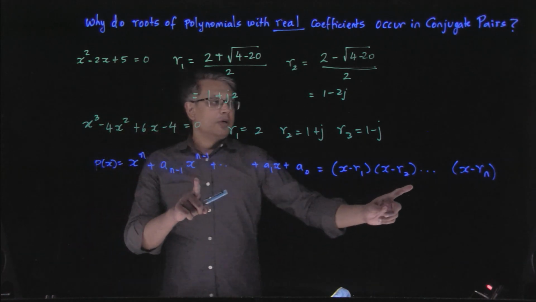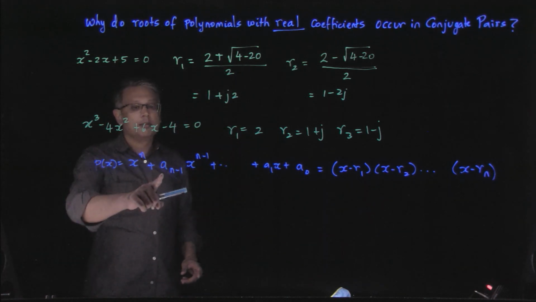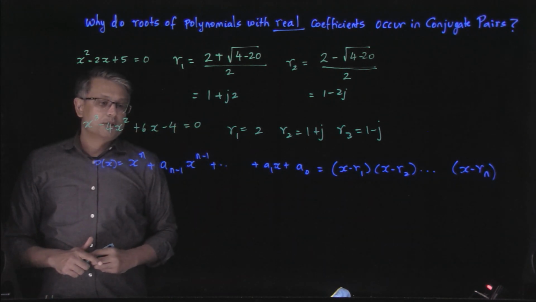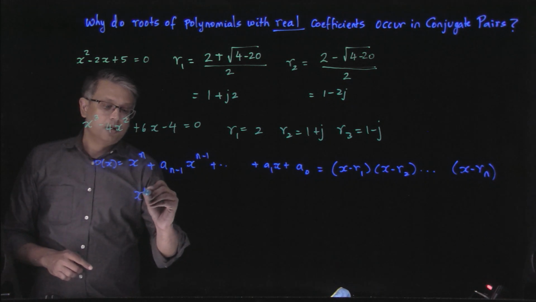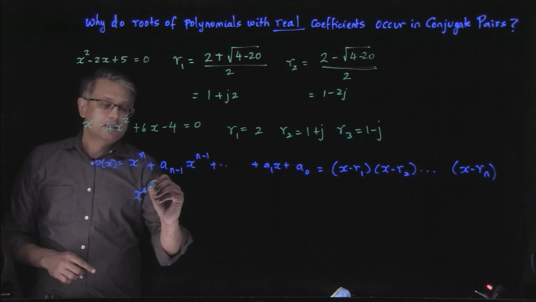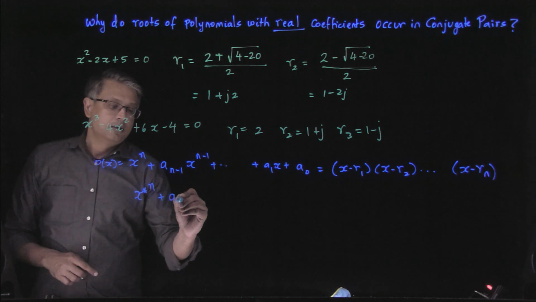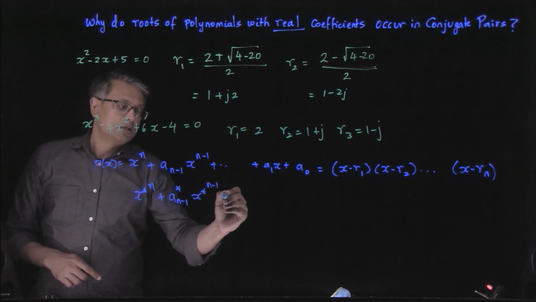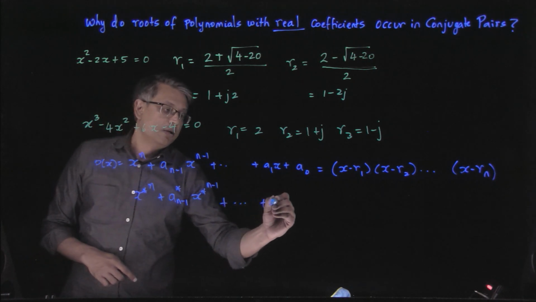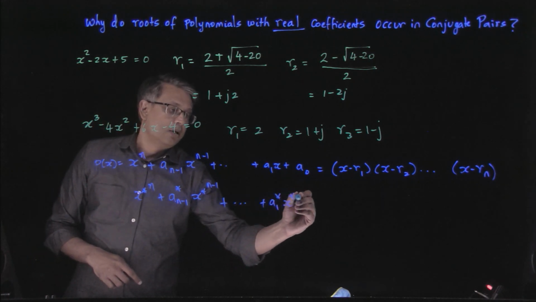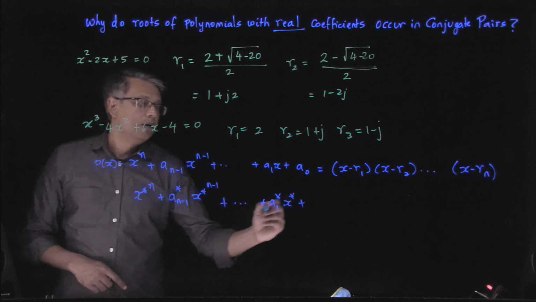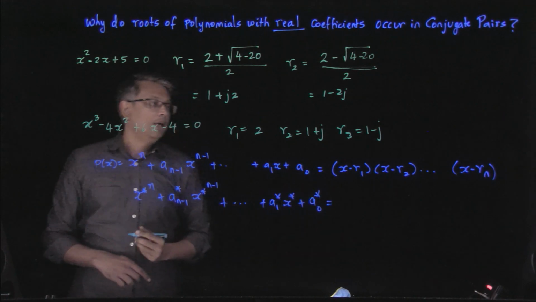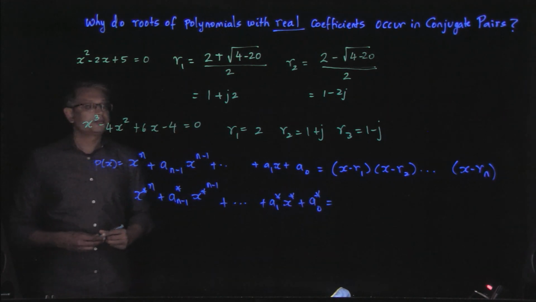So what we're going to do is conjugate both sides. Let's take the complex conjugate on the left side and on the right side. What do I get when I take the complex conjugate on the left side? We are going to get conjugate of x raised to n plus the conjugate of a n minus 1 times x conjugate raised to n minus 1 plus the conjugate of a1 times conjugate of x plus the conjugate of a naught on the left hand side.